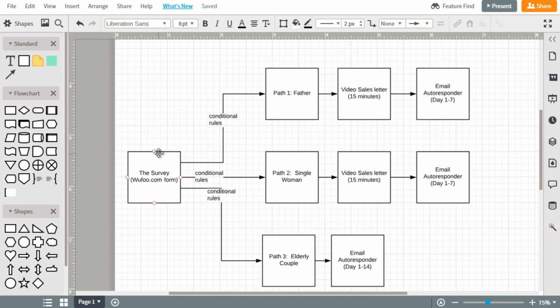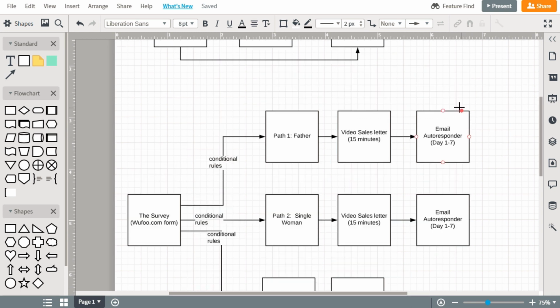Now, like I said, in terms of implementation, wufoo.com has conditional rules, and based on the questions that they answer, you can either ask them another question that is only revealed if they show that they are the father or the single woman or married women or elderly couple. So that's essentially it.